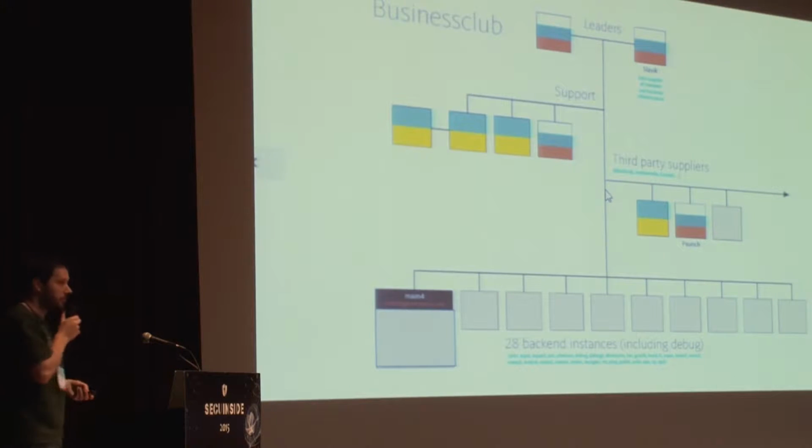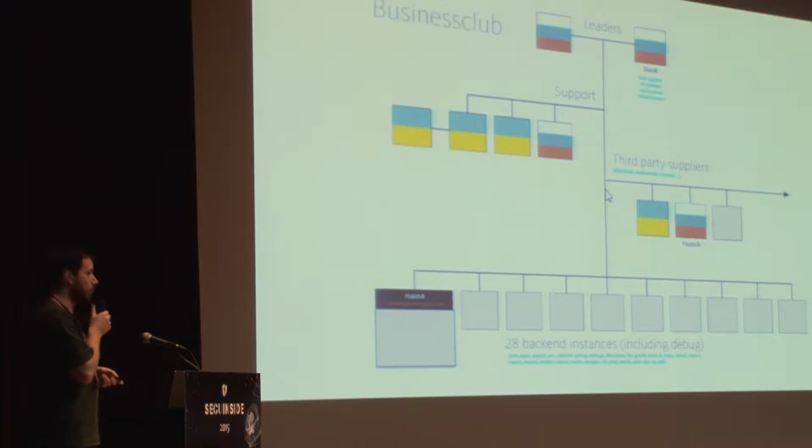So when it comes to the actual group, this is just one example. The peer-to-peer Zeus had two leaders. One of them was Slavic, which we'll get into a little bit later. They had a support team, which was supporting various extra services that were offered. And they had a lot of third-party suppliers. So in this underground economy with banking malware, there are a lot of extra services that are offered.